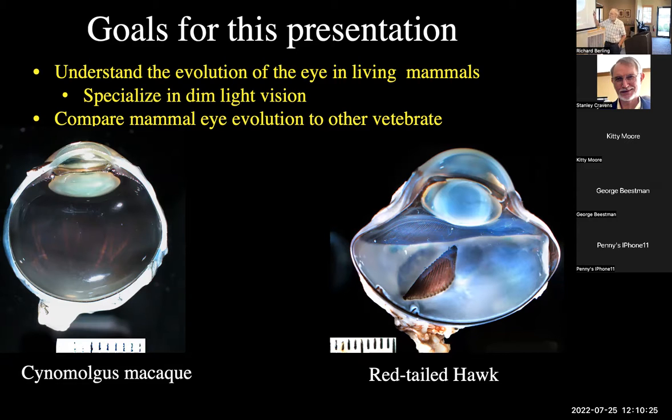So the bird, as you would see in virtually every type of vertebrate eye other than the mammal, the portion of the eye we call the sclera is made of cartilage, whereas in the mammal it's just collagen. There's also a difference in the lens. You see a portion of the lens, what we would call the equator of the lens, that's specially adapted, and it's called the annular pad.